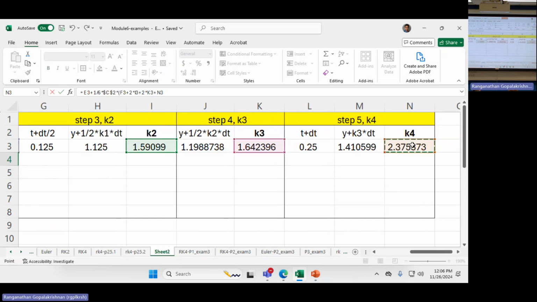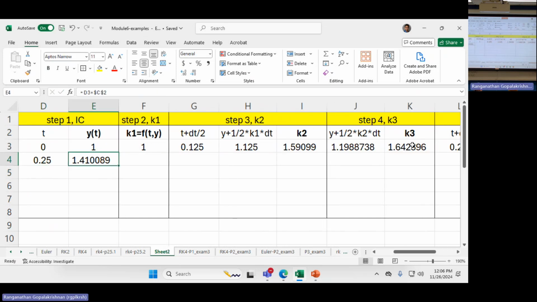This is the formula. And then there's your value. Implement the formula in the next cell to get the y value at the next time step. And if you had written the formula correctly, from here on there is no more work. Just drag the cells and everything will update itself.